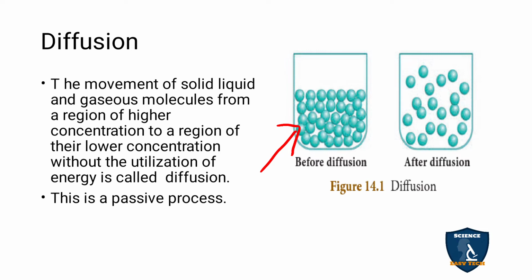Here in this container there is higher concentration, so the molecules go outside. After diffusion takes place, you can see it is in lower concentration, because the molecules have come out and are set free. Here they are congested and here they are loosely arranged.